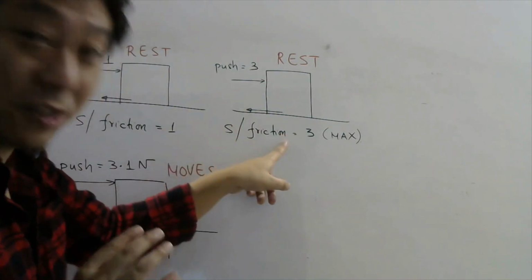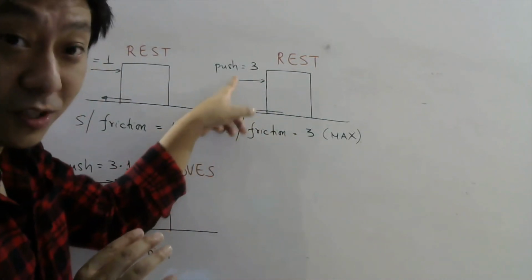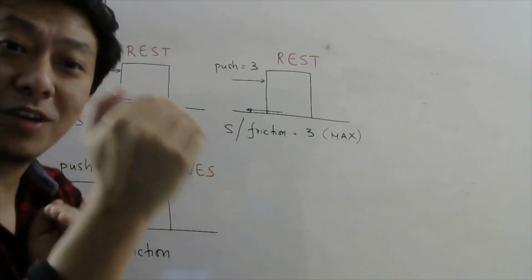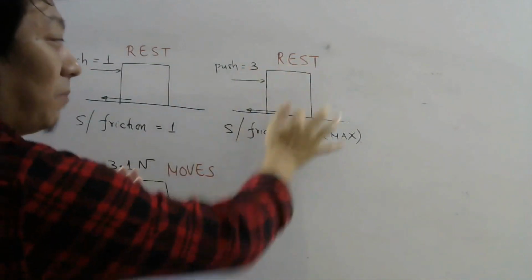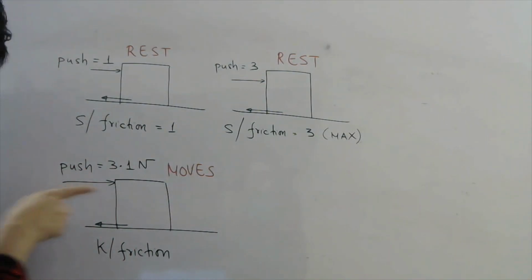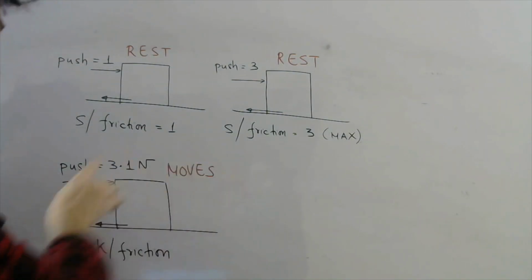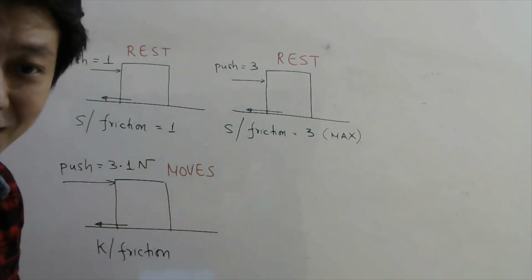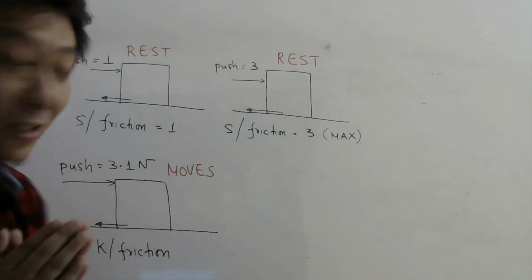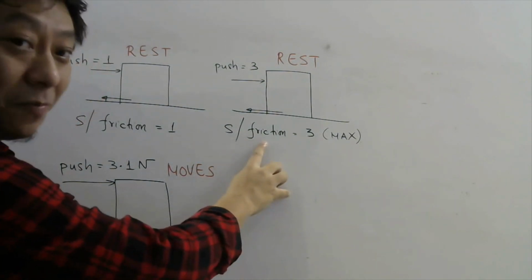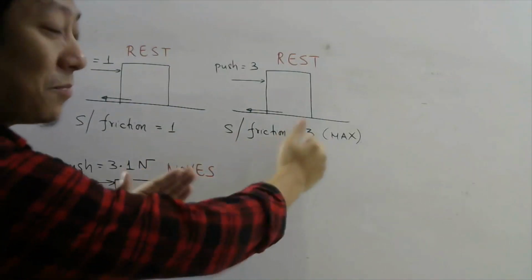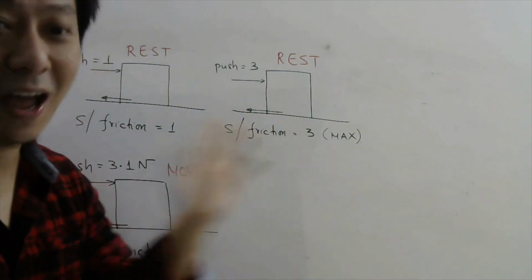Up to this point, when your applied force is 3, static friction can also increase up to 3 and it will try to keep the body at rest. However, if your push becomes more than 3, 3.1 let's say, then the body cannot be at rest because the static friction which keeps the body at rest increases only up to a maximum value of 3, as I have assumed.